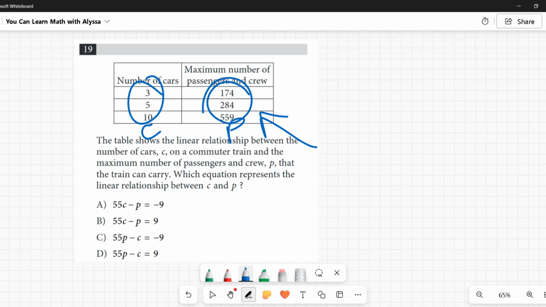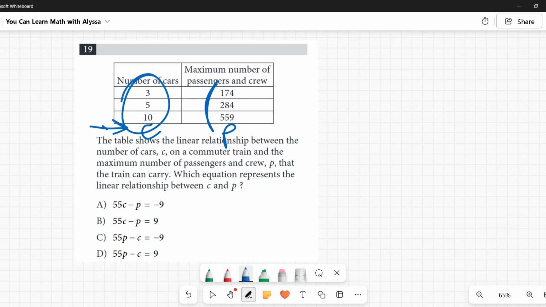And then I'm going to subtract 3, 5, or 10 and get back to 9? No, that's clearly unreasonable. So instead, this must be the number that's being multiplied by 55. And so that should be getting me close to these numbers over here, so that when I'm subtracting, I'll get either -9 or +9.